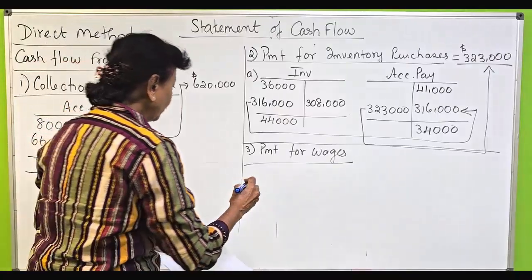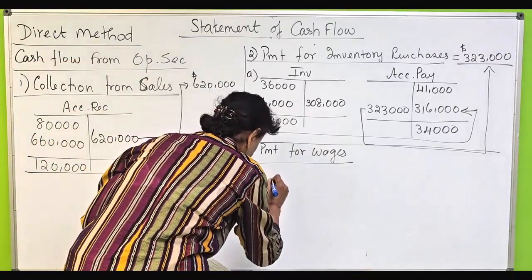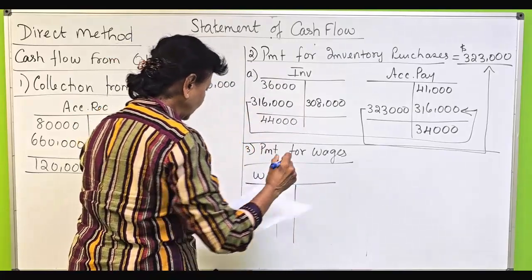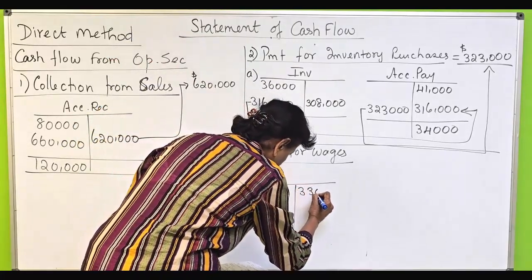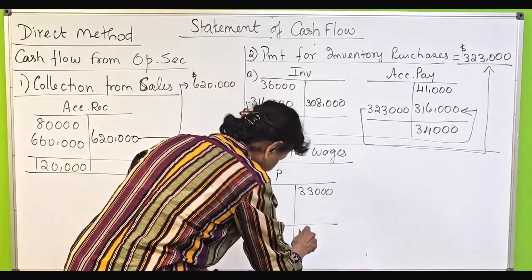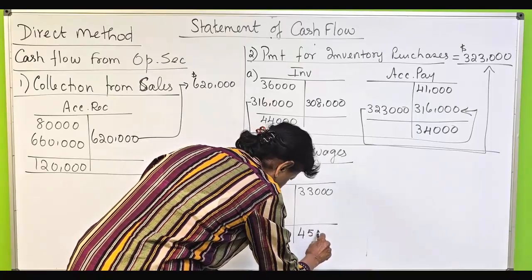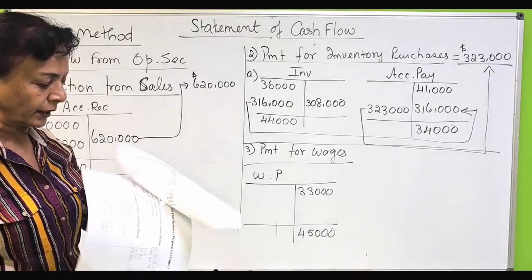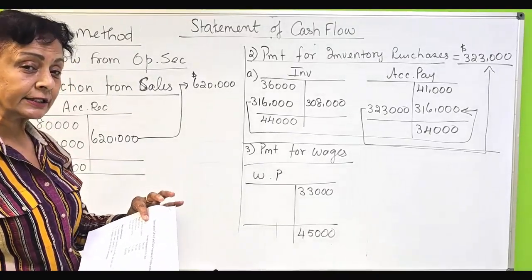If you look at your wages payable account, you can see the beginning balance was $33,000 and the ending balance was $45,000. And if you look at your wages expense from your income statement, that was $62,000.